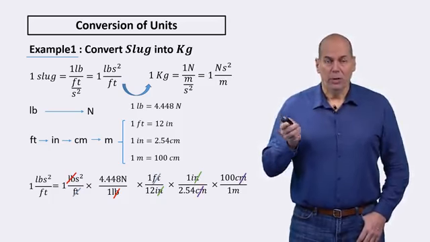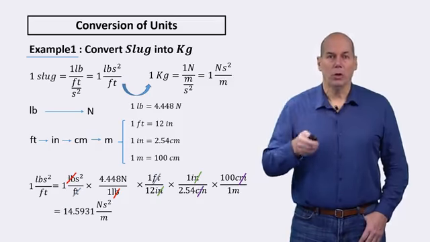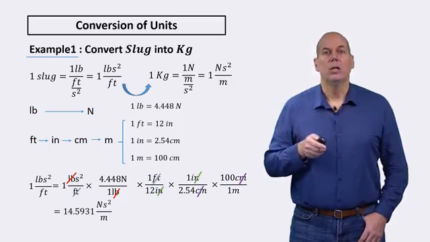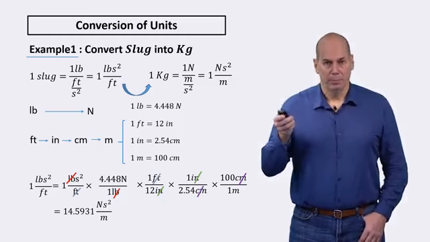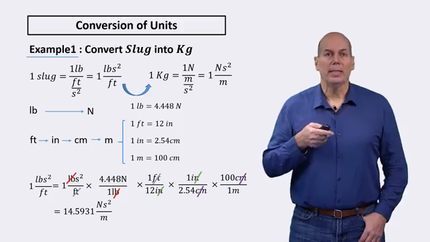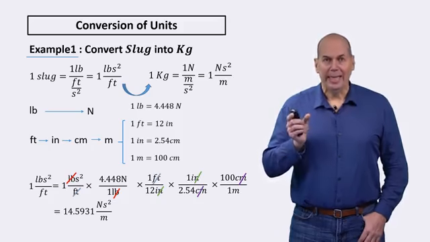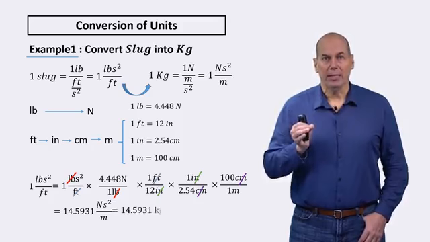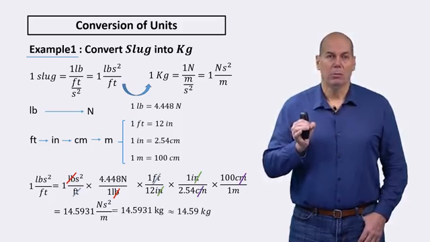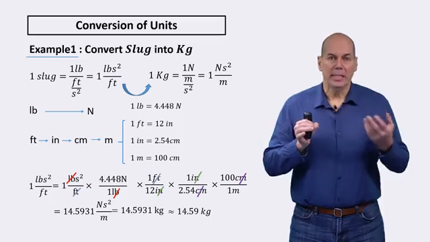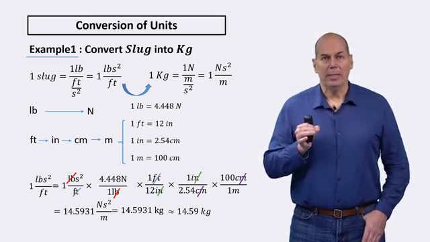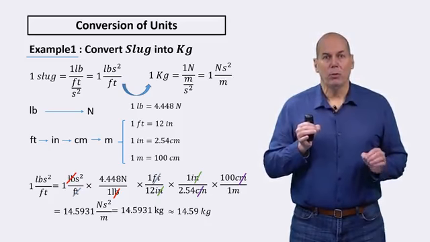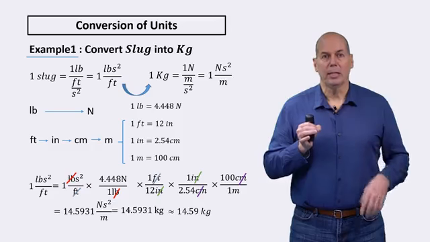And therefore, the final expression involves only the units of Newton over meter per second squared, which is the unit of kilogram. So truncating and keeping only 4 significant digits to obtain a reasonable accuracy from an engineering point of view, we can establish that 1 slug is equal to 14.59 kilograms.